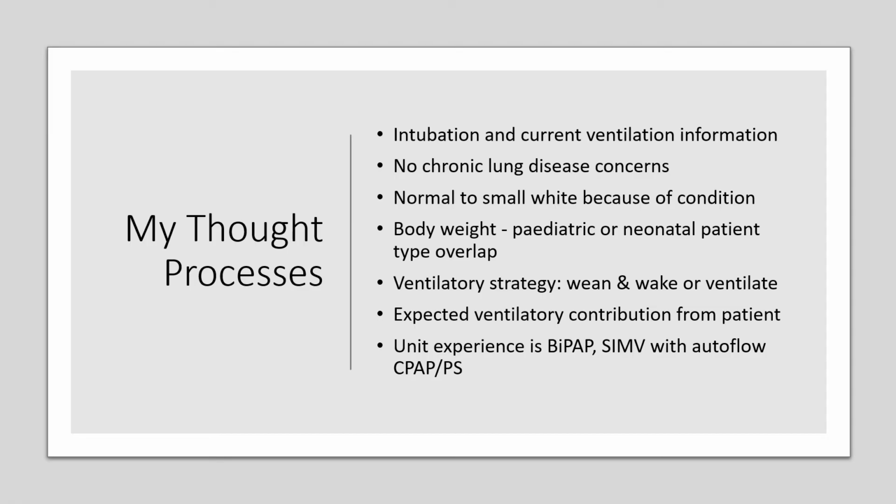So my thought process would be, one, to find out the current intubation and ventilation information and decide if I was going to accept that or move forward. The child has no chronic lung disease or no other chronic concerns, so I think that helps me. I would think that the child should have normal lungs because he hasn't got lung disease.